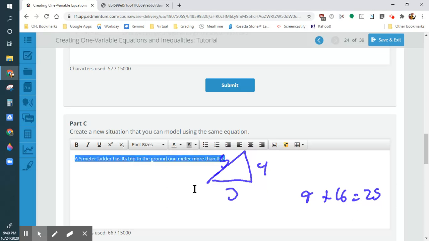I'm gonna have to rewrite the whole thing. A 5 meter ladder is leaning on a wall.